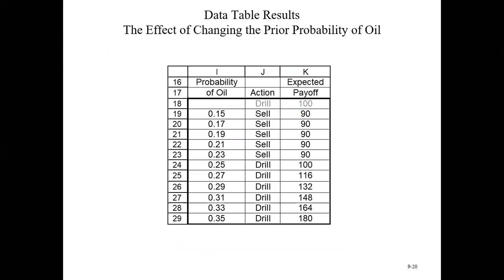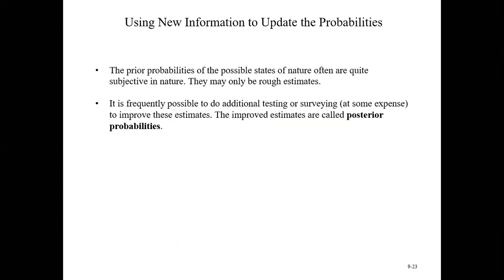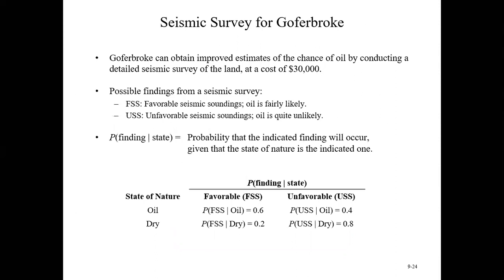Okay, so let's look at the same case and assume a situation where, rather than rely on the geologist, they decide to acquire new information based off of seismic data from that specific area.